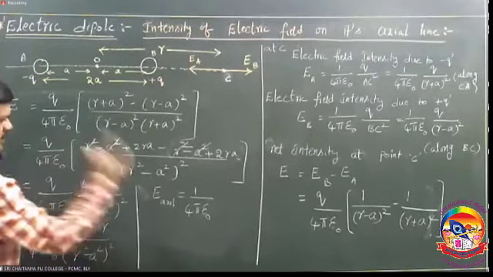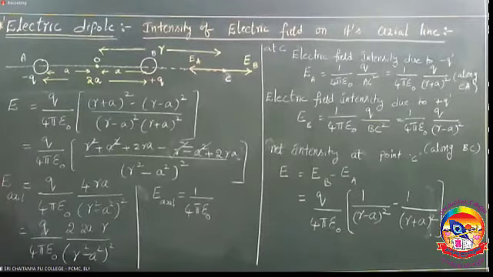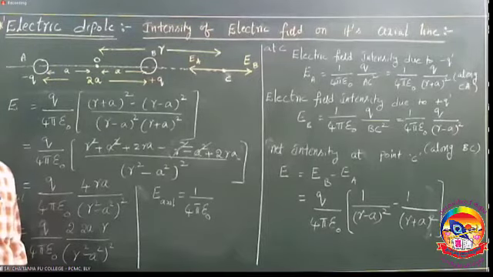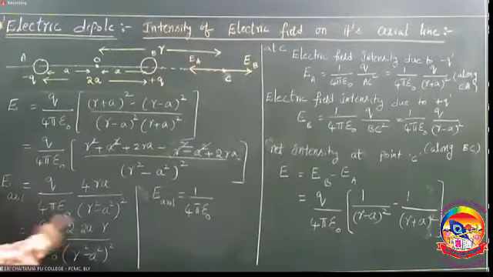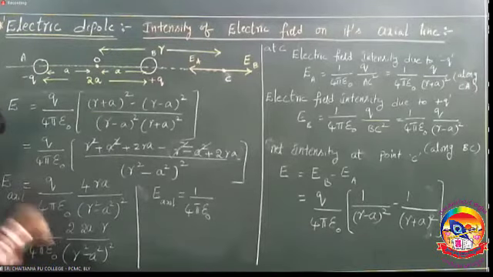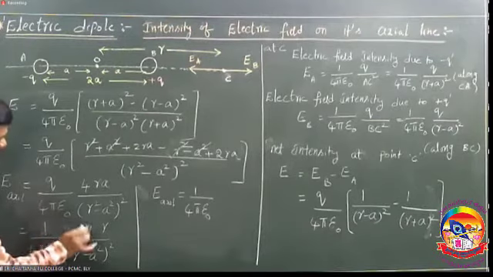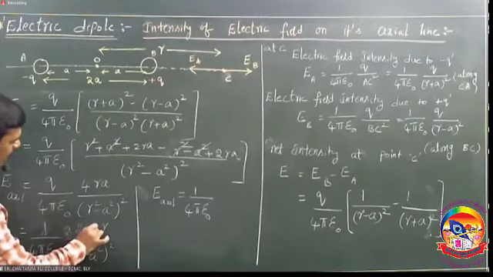From this, see 2A into Q is what? 2A into Q is equal to dipole moment. See the formula for dipole moment: 2A into Q can be written as dipole moment. So can I adjust it like this? 1 by 2 into 2AQ.